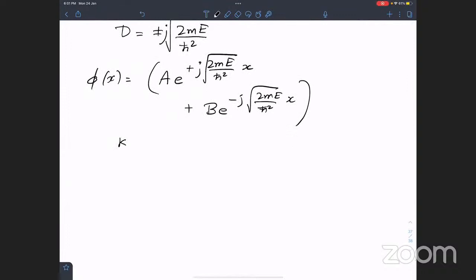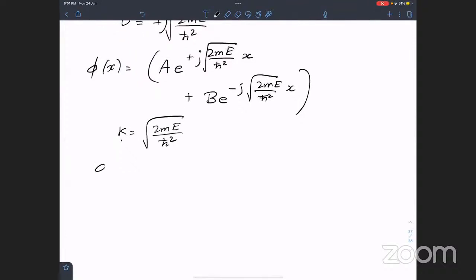Let me call this number k, root of 2mE by h bar squared. You will notice that the units of k are 1 by space, so it's nothing but the wave vector.